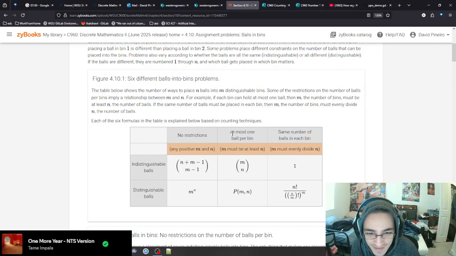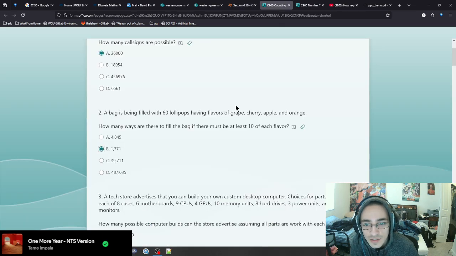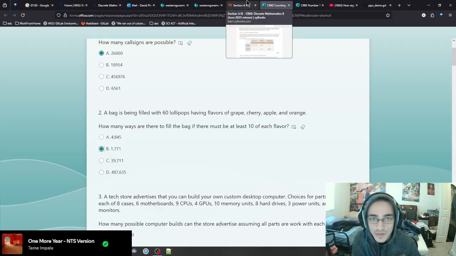What's the difference? Oh. So if I do this, this is just at least one ball per bin. But that's not our restriction. We're not supposed to have that.